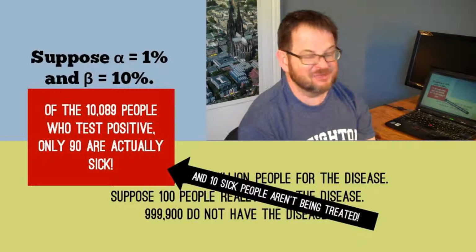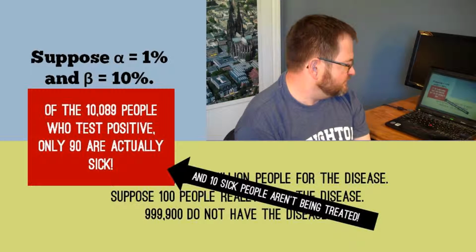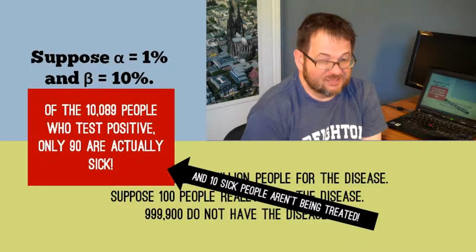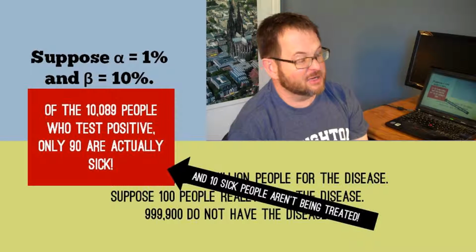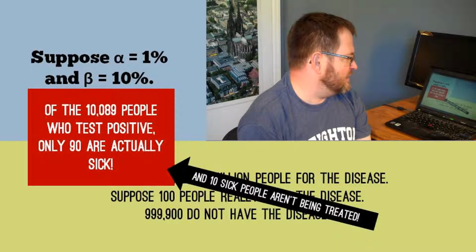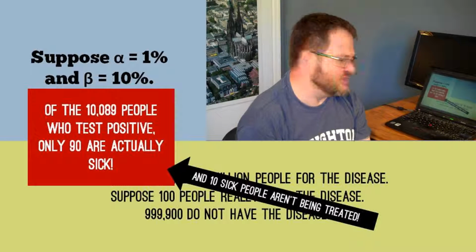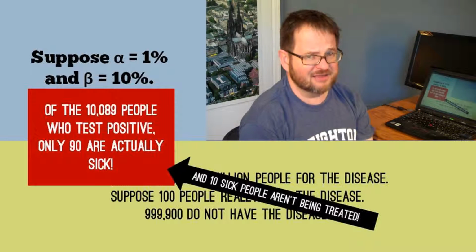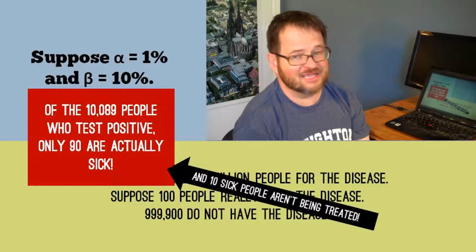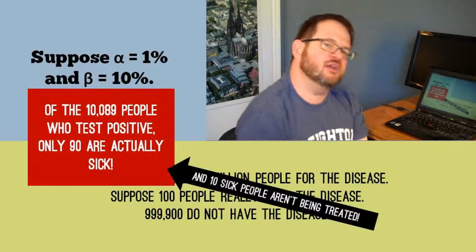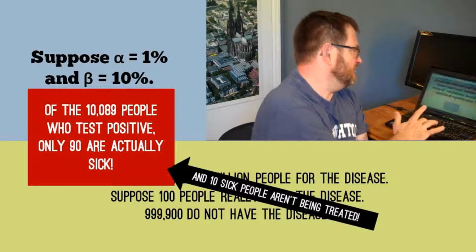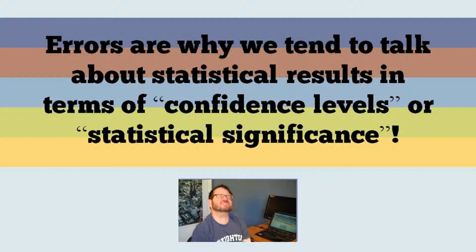But only 90 of those people are actually sick. And that's still an awfully high false positive rate. And 10 sick people are still out there not getting treated. Doctors hate that. They'd much rather give you more false positives and have fewer people getting away with a false negative. Oh man. Errors suck.